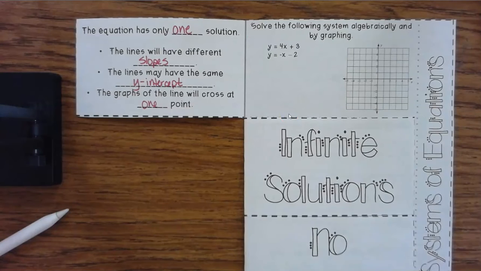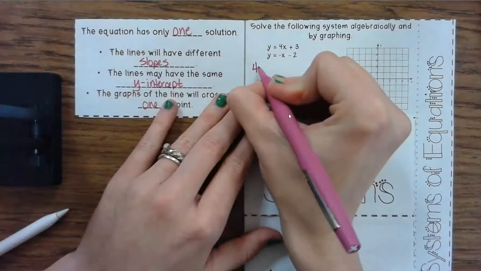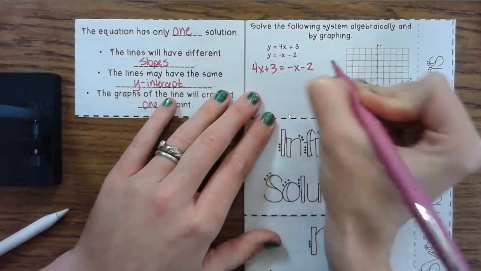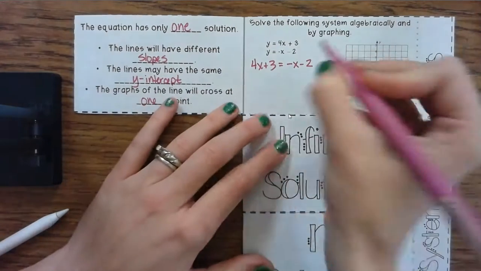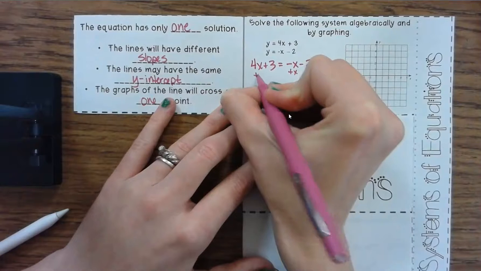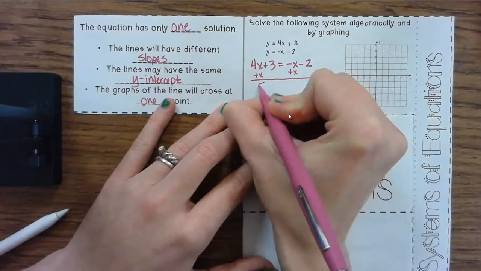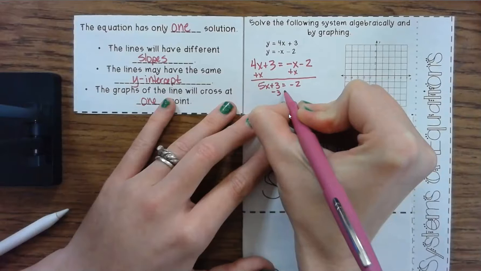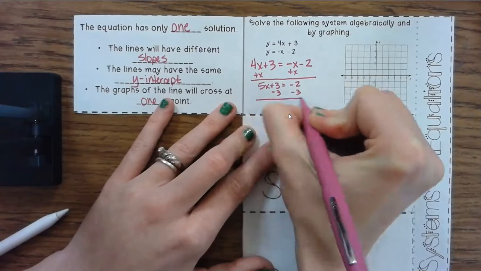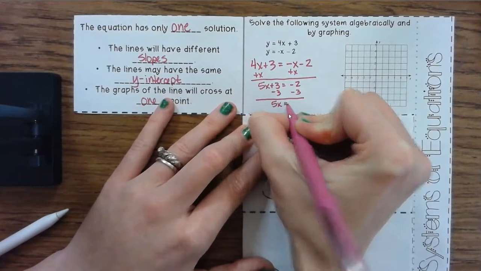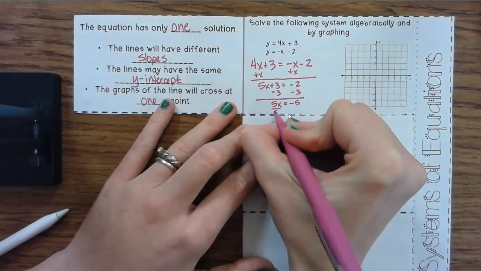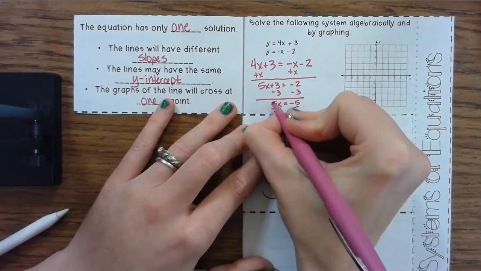The other way that I can do this is I can set the two equations equal to each other. 4x plus 3 equals negative x minus 2, and then I can solve. So if I add x to both sides and then subtract 3 from both sides, 5x equals -5, and then I'm going to divide by 5.